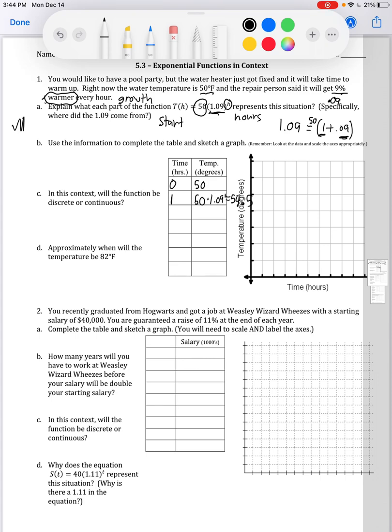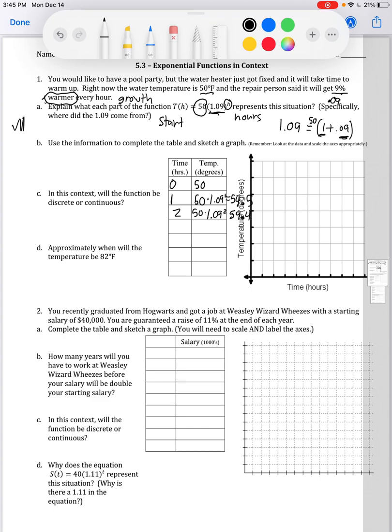At this point, you'll probably need a calculator. This is stuff I can't do without a calculator. 50 times 1.09 squared is, I believe it's about 59, but I'm just double checking really quick with my calculator. It's 59.4.